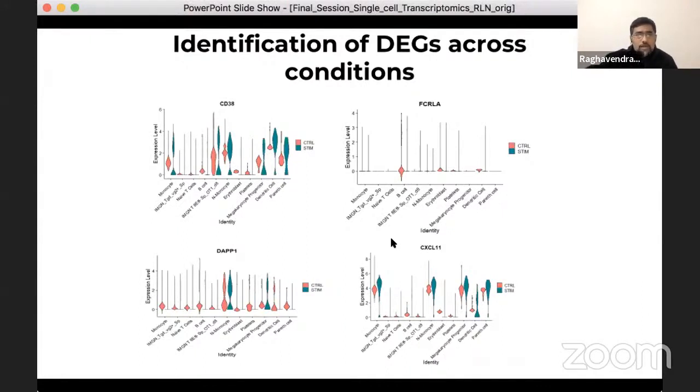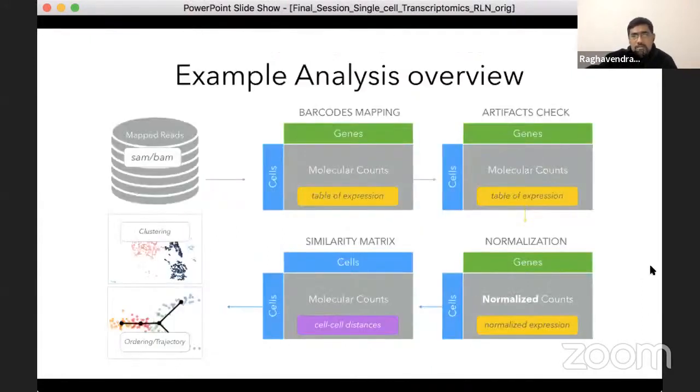So, to summarize the logic of the analysis that one has to employ for single cell RNA analysis, let's take a look at these simplified steps. We map the reads and we get the BAM or SAM file, just like a regular RNA-seq pipeline. Then we map the reads and produce a table of molecular counts, which is similar to a table of expression.